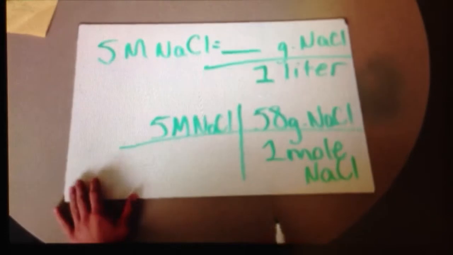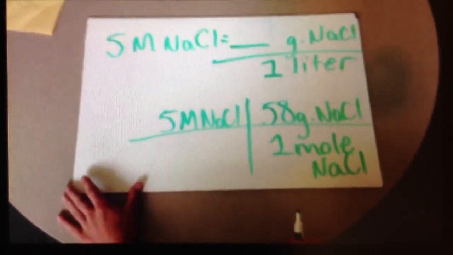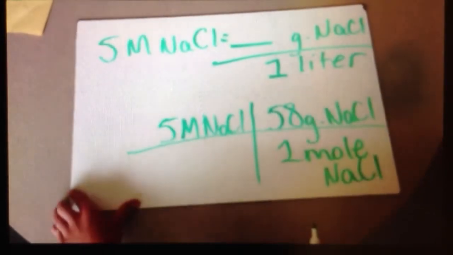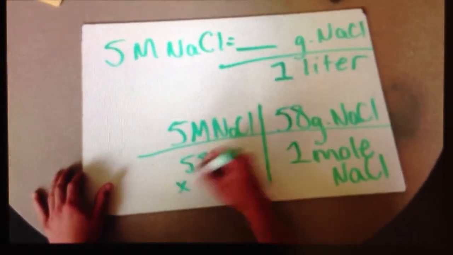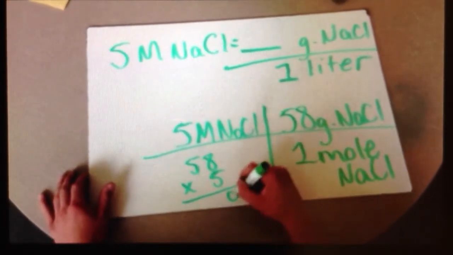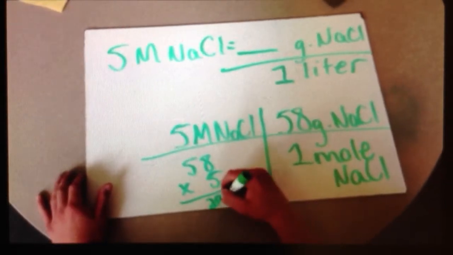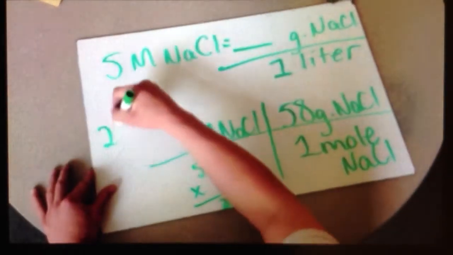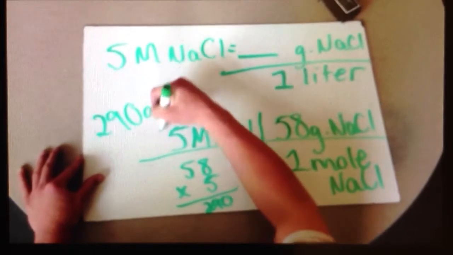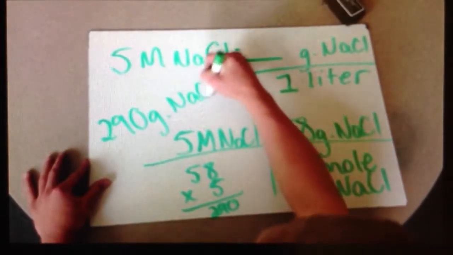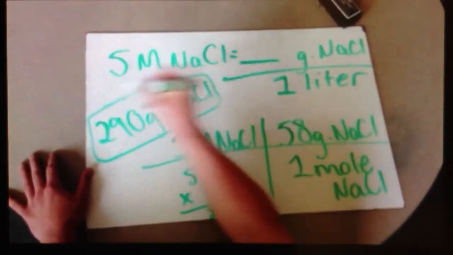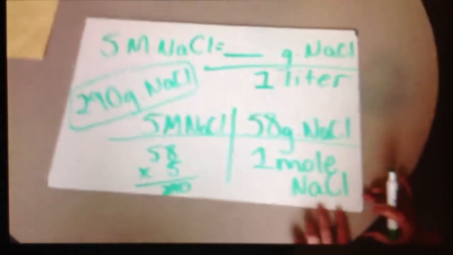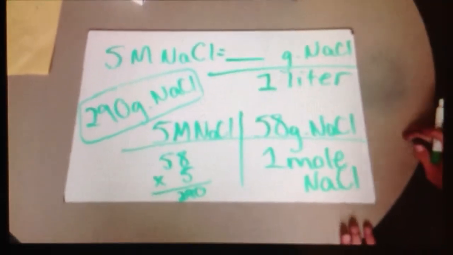So all you need to do in this case is multiply 5 by 58, which ends up being 290. So you would need to put 290 grams of NaCl in 1 liter of water for it to become a 5M solution of NaCl.